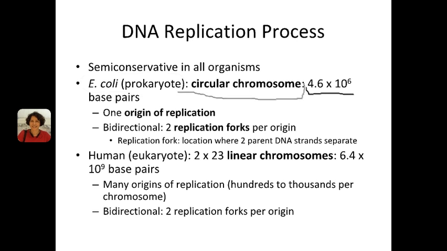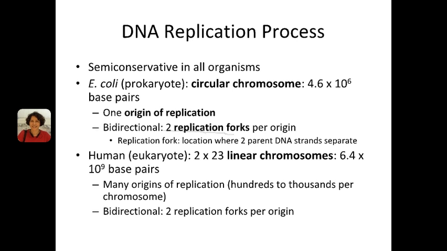There is one single origin of replication on that chromosome, so replication begins at just that location. Since it is bidirectional, we'll find two replication forks at that origin, and the replication fork is the place where the two parental DNA strands are going to get separated from each other, and we'll see replication forks in upcoming slides.